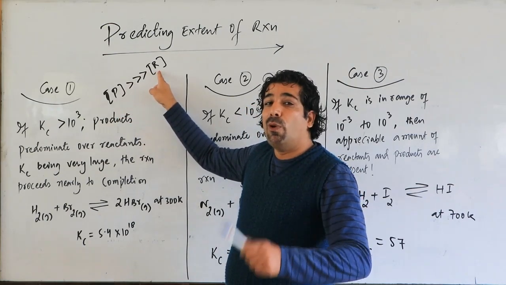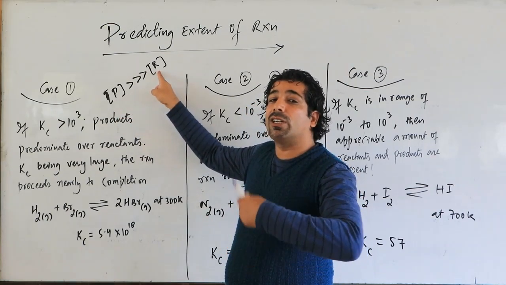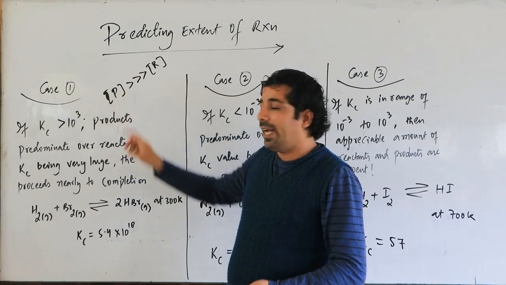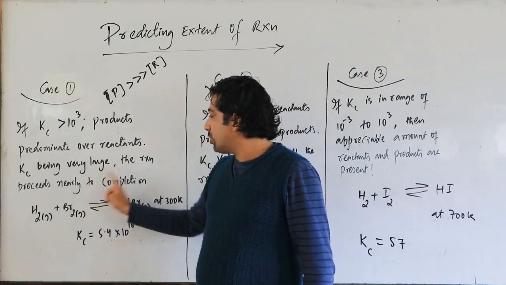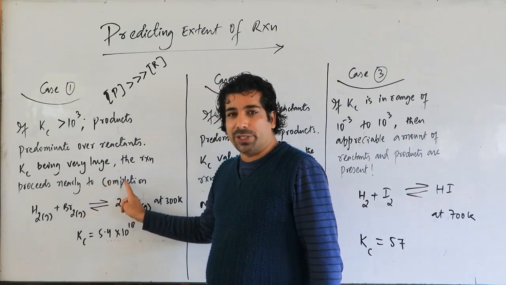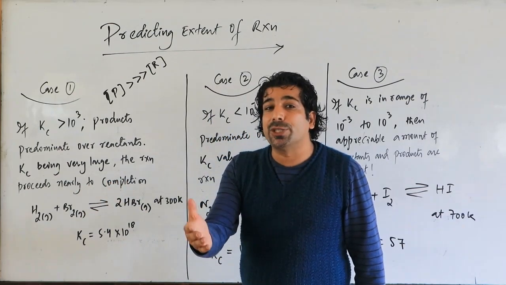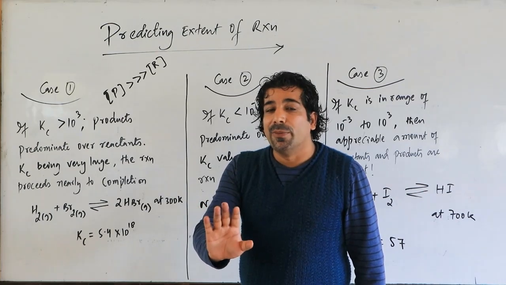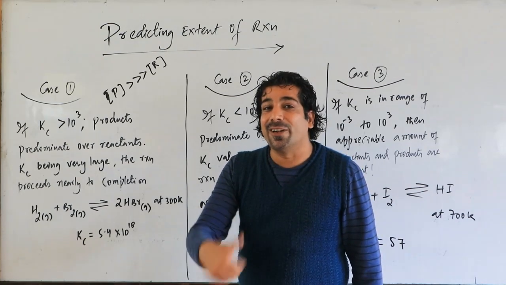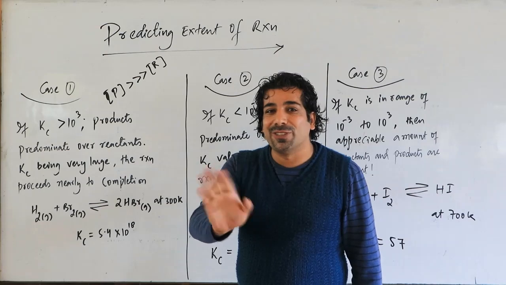That means more reactants have already changed into products, which means the reaction proceeds nearly to completion. The reaction has reached near completion but has not completed, because if the reaction completes 100%, then equilibrium is not possible.